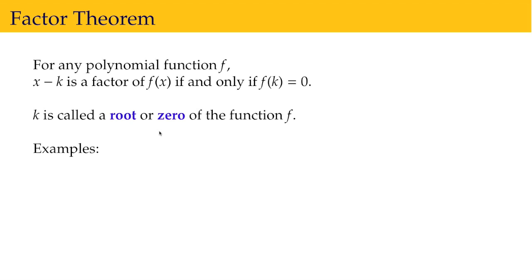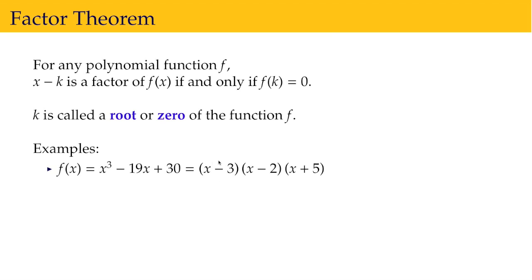So let's have some examples. If I have this polynomial function, f of x equals x cubed minus 19x plus 30, I'll go ahead and tell you that it factors as x minus 3 times x minus 2 times x plus 5.